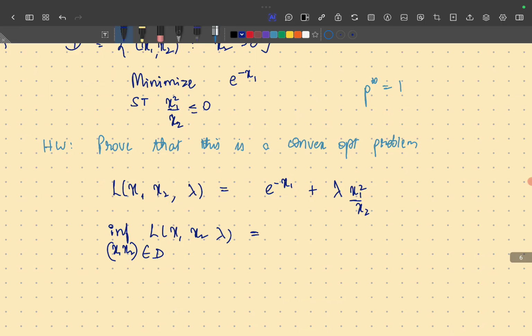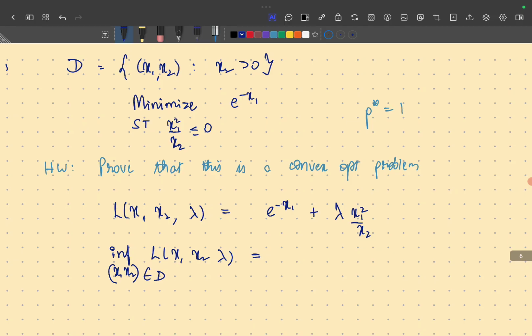So should the constraints be convex over the entire domain or only the constraints? You mean the original primal problem? I didn't quite get the question.